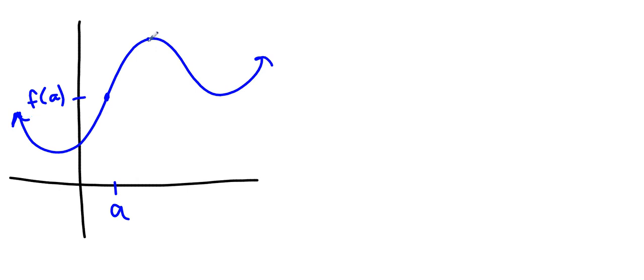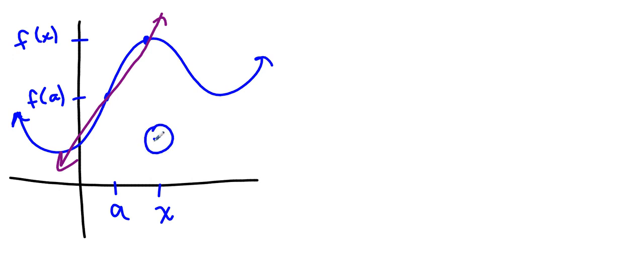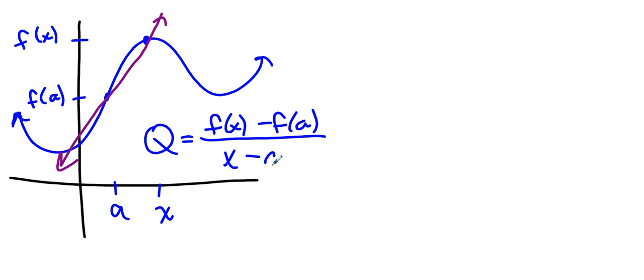So we picked this other movable point x. Here's f of x, and we found the slope of the secant line through those points. How did we do that? Well, we figured out some number q, and that number is change in y over change in x.